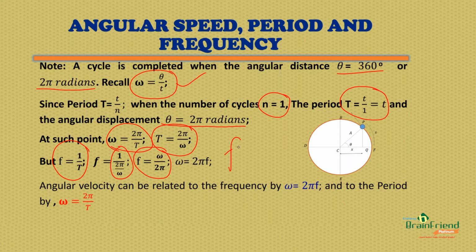That is, f is equal to 1 times omega over 2 pi, which gives us f equal to omega over 2 pi. This is the expression that relates frequency with angular velocity. When we make angular velocity the subject, we have omega is equal to 2 pi f.